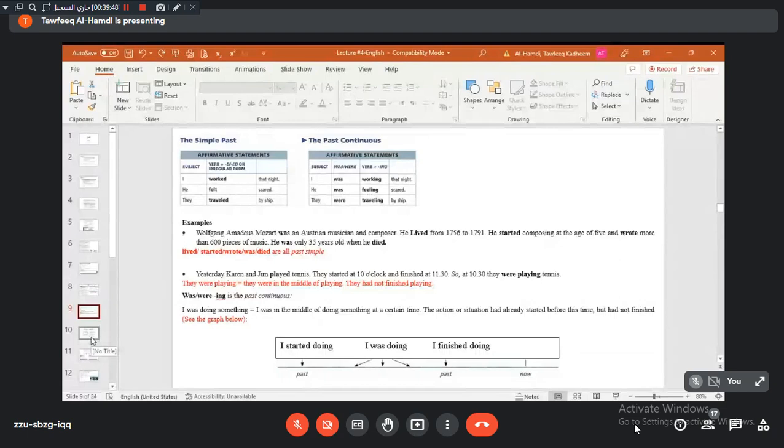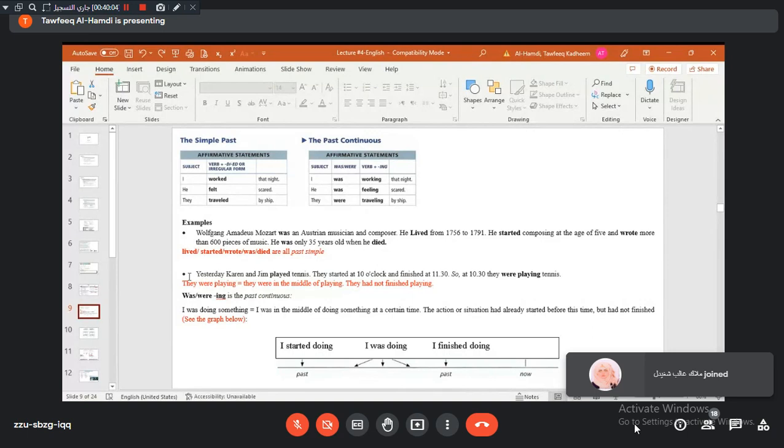So at 10:30, which is between 10 and 11:30, they were playing tennis. They were in the middle of playing. They had not finished playing.